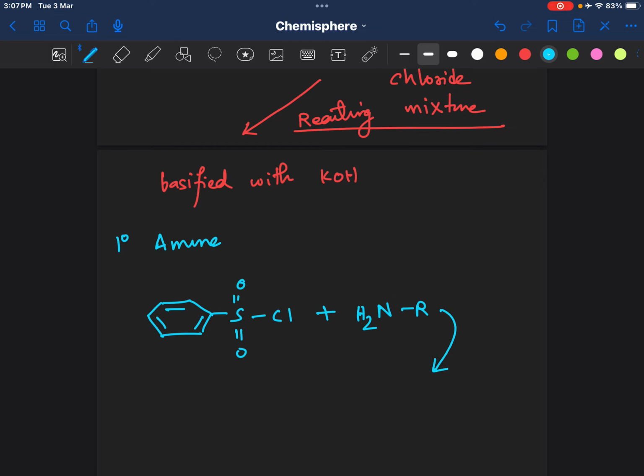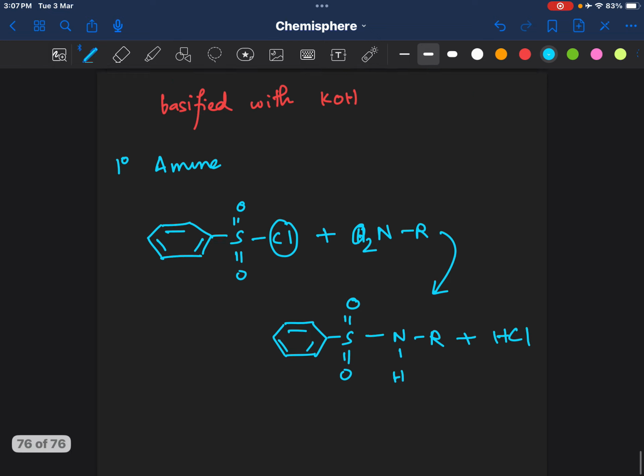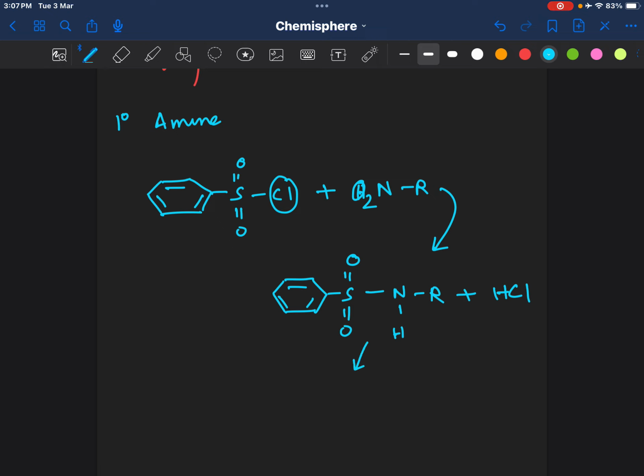Cl from here, H from there, so we will get S double bond O, S double bond O, NHR plus HCl. In general, these are known as N-alkyl benzene sulphonamide.